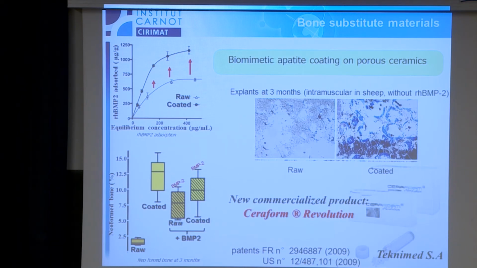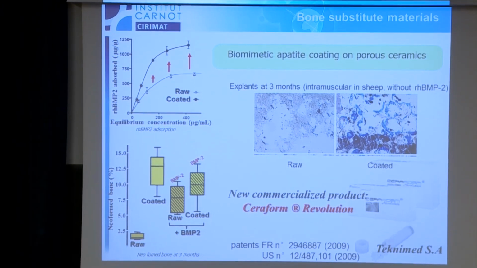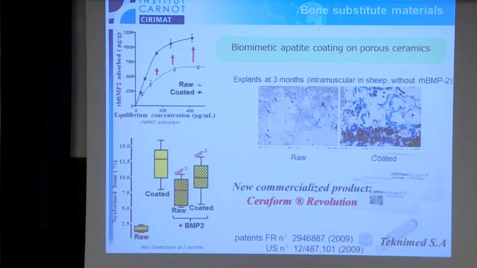Okay, so what we can see, previously we thought that this one would be the best, but what we saw is that with only the coating we have quite the same results as with coating with BNP, and it's much easier to prepare and commercialize ceramics without BNP, because it's less expensive.